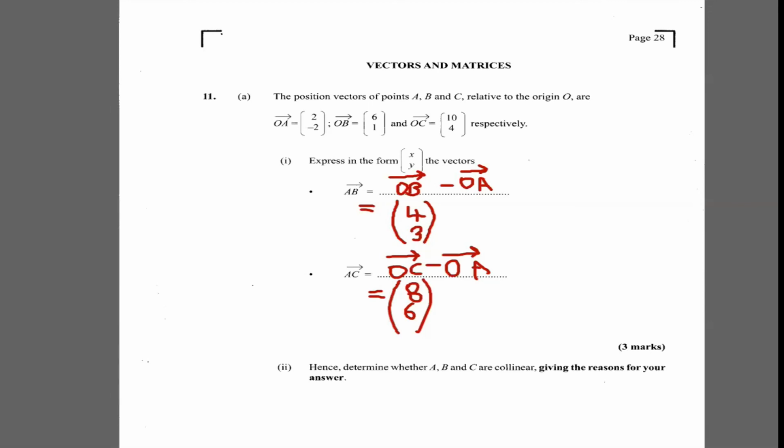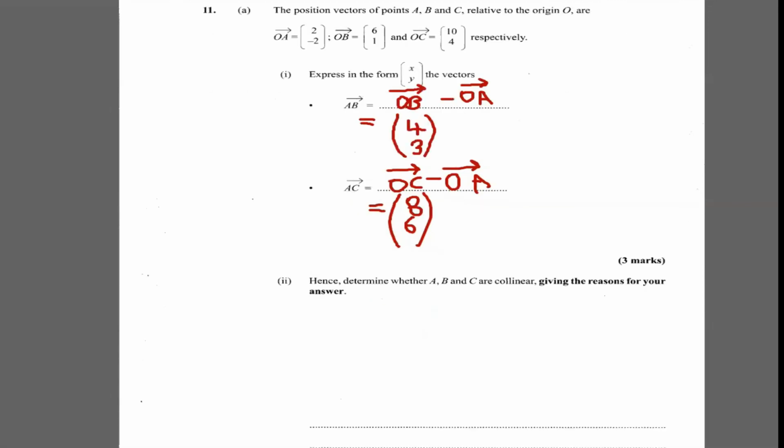Now the question says, hence, determine whether A, B, C are collinear. First and foremost, we can see that AC, which is 8, 6, we can factor out 2 and see that AC is 2 times 4, 3. But 4, 3, as we said, is vector AB.